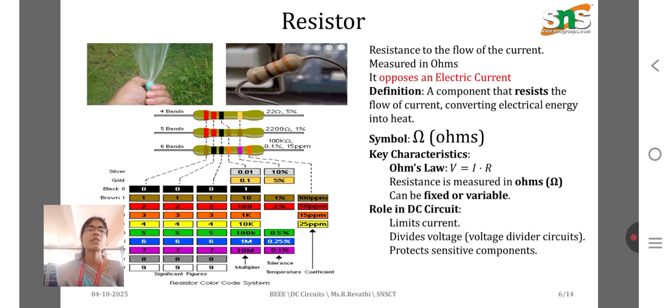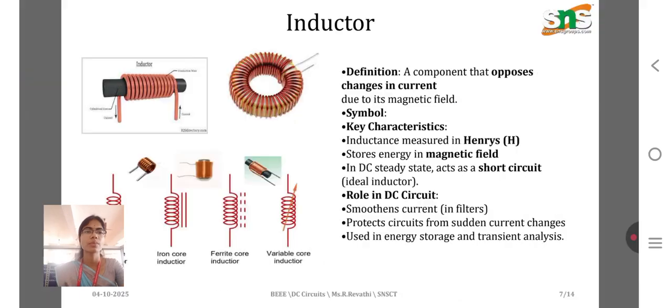A resistor can be fixed or variable. Variable resistance is called a rheostat, which has adjustable resistance that you can set in the device itself. The role of the resistor in a DC circuit is to limit the current flow of charges, divide voltage, which is the voltage division rule, and protect sensitive components.